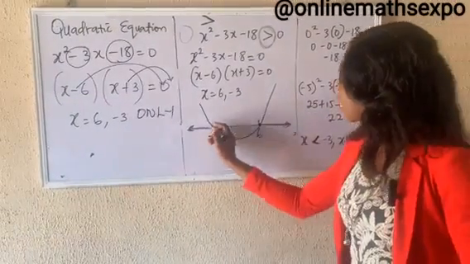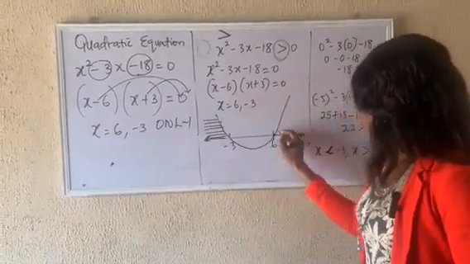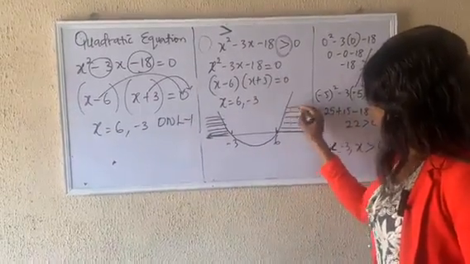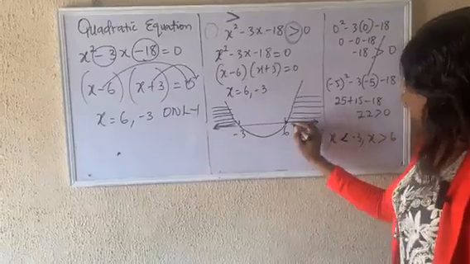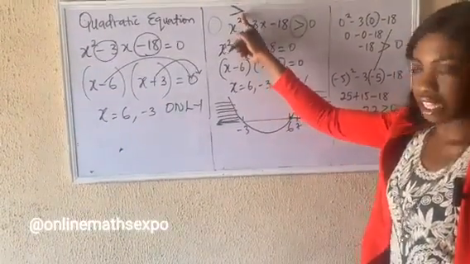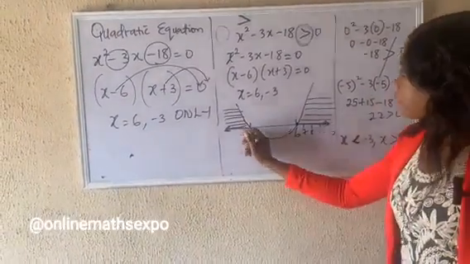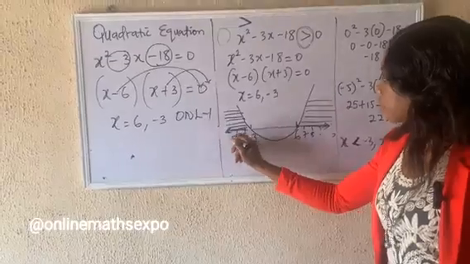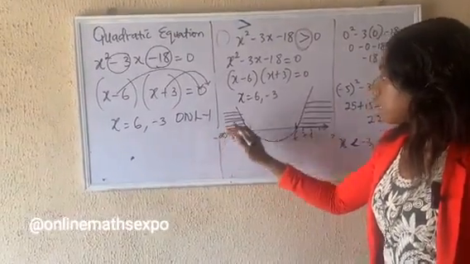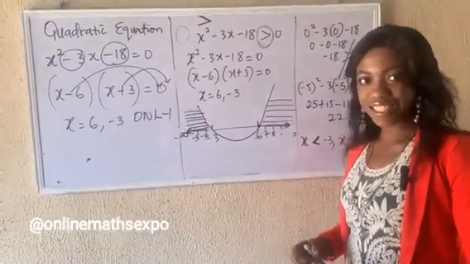So in that case, the regions we are going to shade are this part and this part, because any value you pick from here, if you pick 7, you will not pick 6 because you only have greater. If you pick 7, 8, 9 and so on, you can pick minus 4, you can pick minus 5 down to negative infinity. Any value you substitute here will be greater than 0.